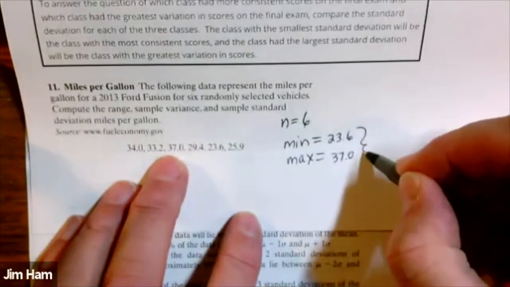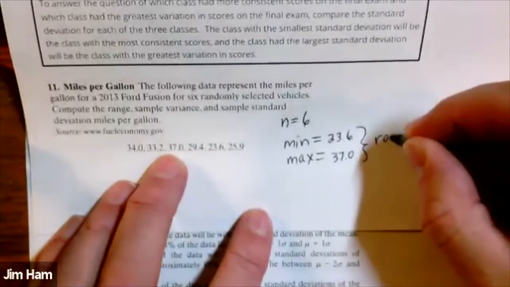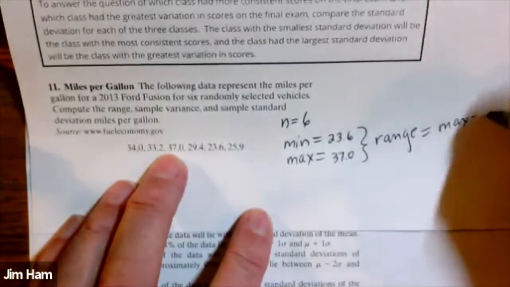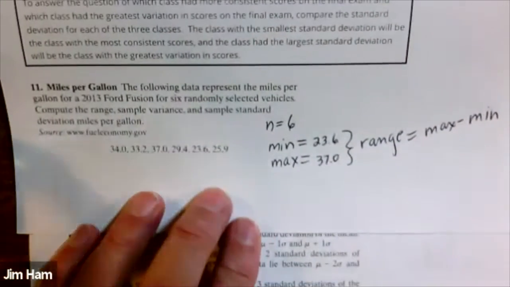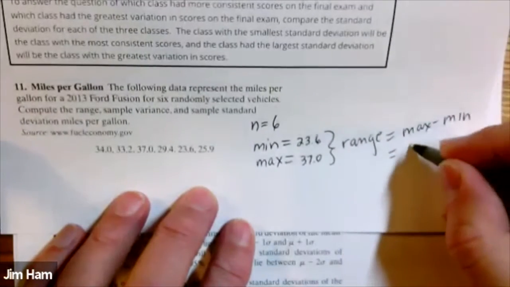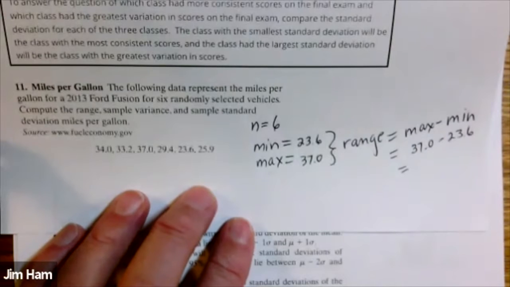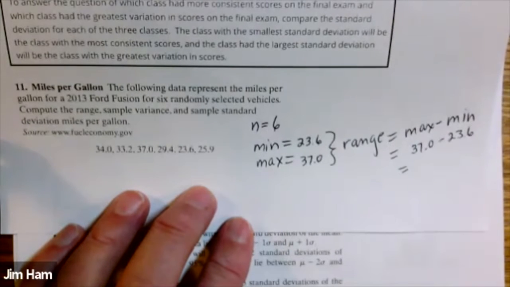One of the measures of dispersion that we can calculate is the range. As I defined it earlier, the range is equal to the max minus the min. So the range in this case would be 37.0 minus 23.6. The calculator doesn't calculate the range for you because it's just a subtraction, but it does give you the max and the min, so you can do the subtraction yourself.